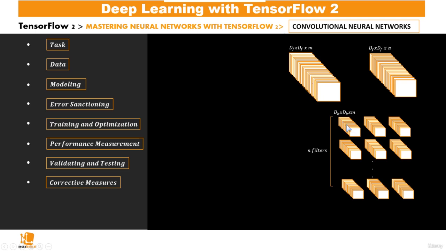When multiplying this filter with this input, we simply multiply this first with the first channel, the next with the second, and right up to the last one. That's how we obtain one of these Dk by Dk values. And then since we have N filters, we repeat this N times to have the rest of the N channels.